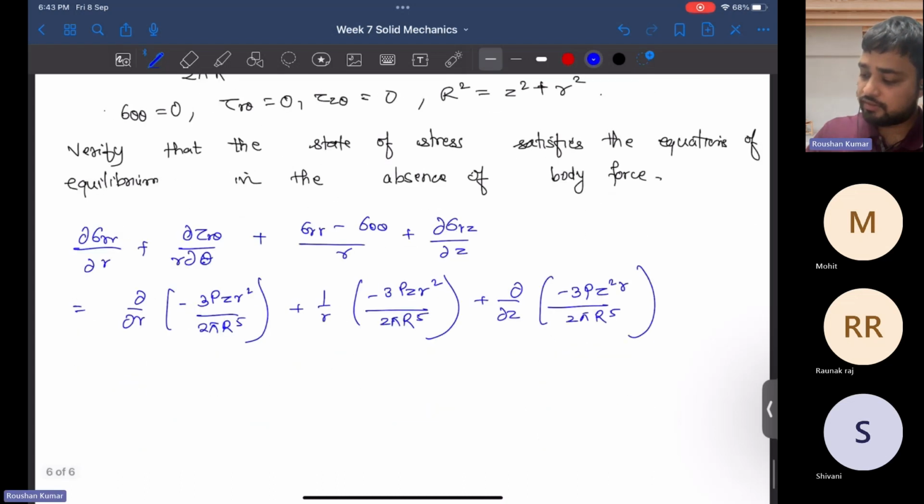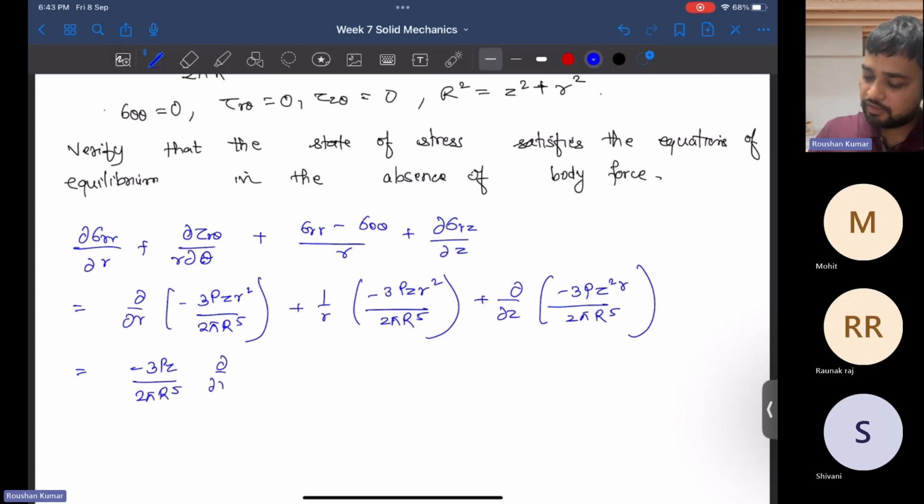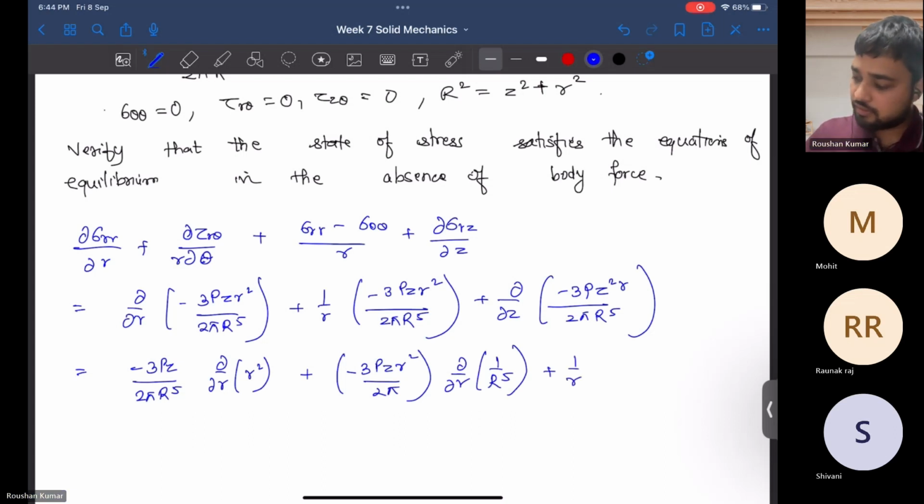So this will get minus 3pz upon 2 pi del by del r of r square r to the power 5, plus minus 3pz r square upon 2 pi del by del r of 1 by r to the power 5, plus 1 by r times minus 3pz r square upon 2 pi r to the power 5.